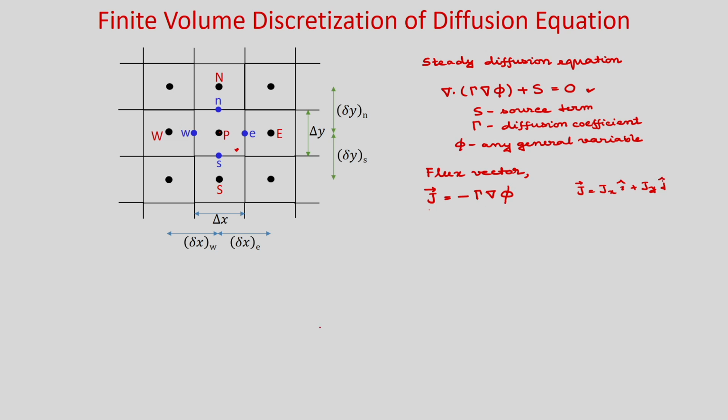Okay. So, if you put it in this equation, then what you will get? So, you will get minus divergence of J plus S equal to 0, or divergence of J is equal to S. In this form we have written, so that in general form we can integrate it, and we have written in the divergence form.